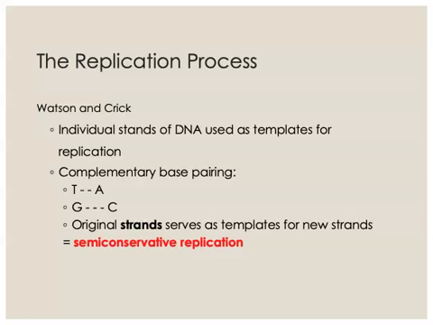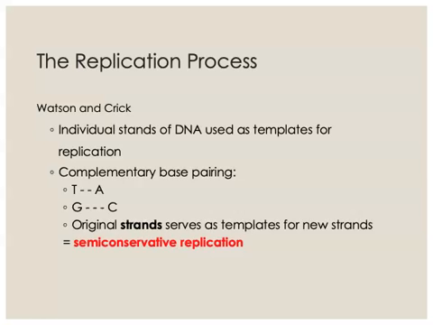And that's possible because of the complementary nature of base pairing. So where there's a T in the old DNA, we'll place an A in the new DNA. A G in the old DNA, we'll place a C in the new DNA. The original strands, the old strands, are templates to build new strands on top of, if you will.